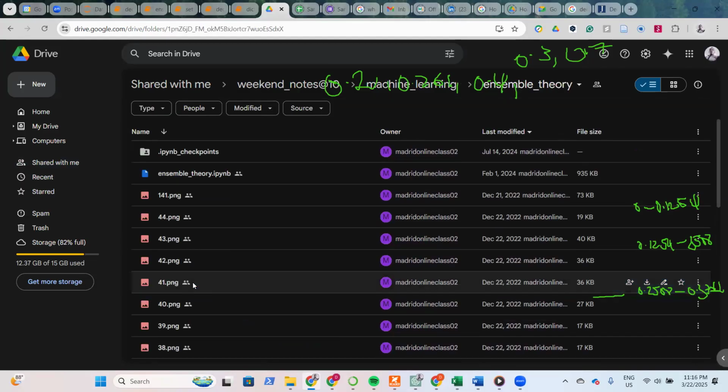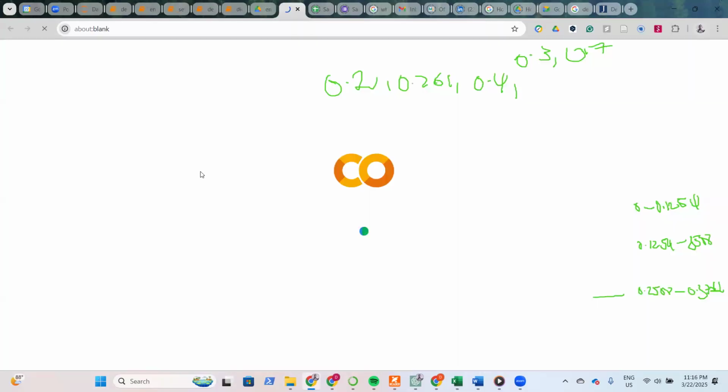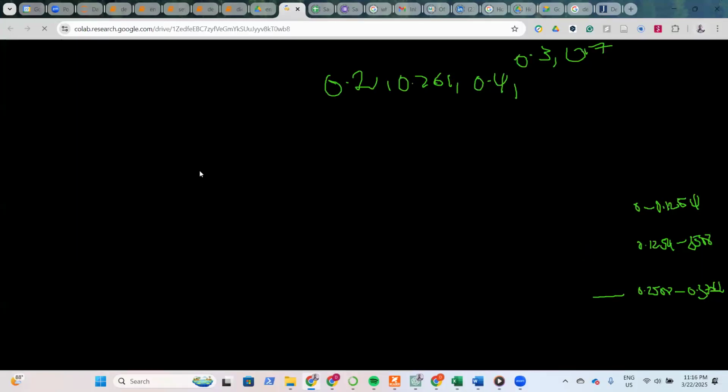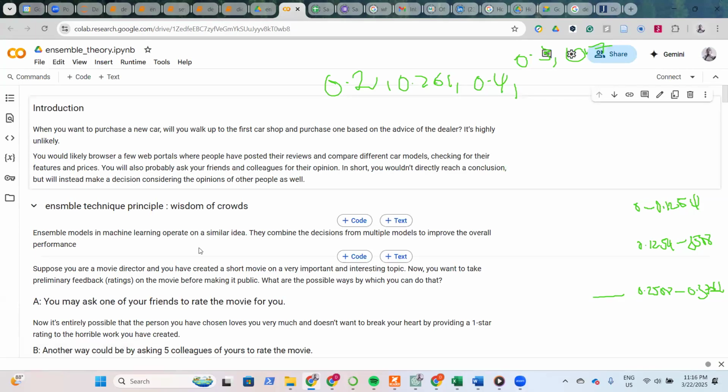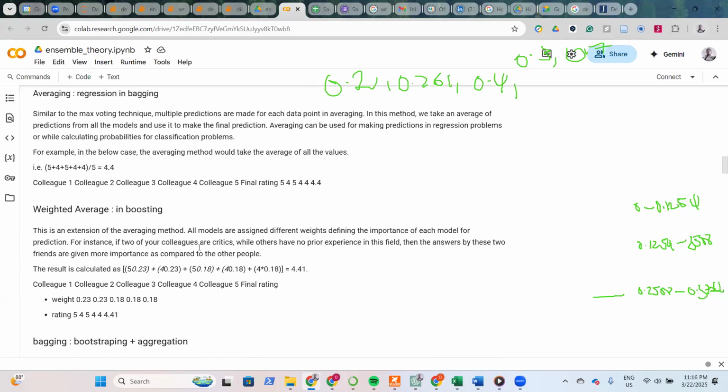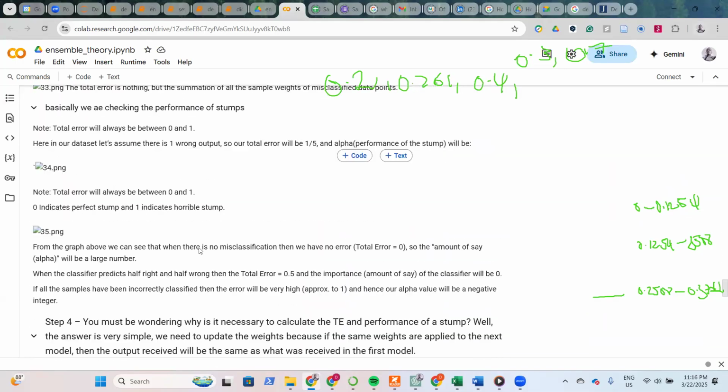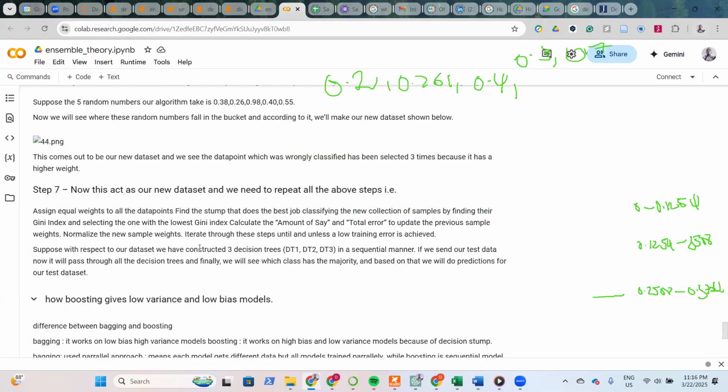Is this ensemble technique theory? Let me open this with Google Colab and see where I messed the whole thing up. For some reason I surely messed my own file up. I don't know. Please hold on. This is not the file.